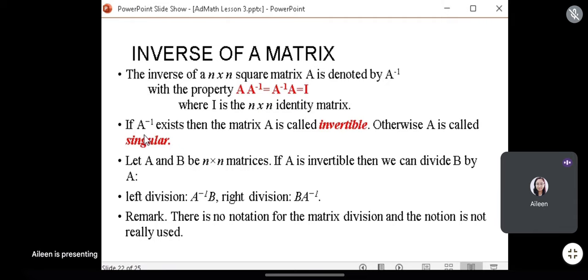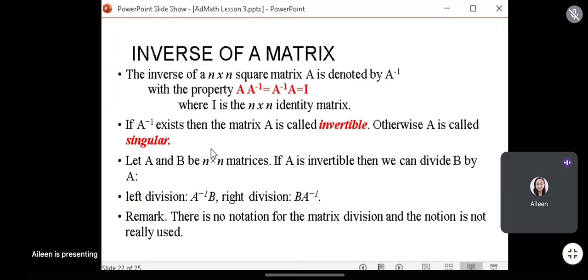Next, kapag siya ay square matrix, siya ay may inverse, so that is denoted by A to the negative 1. If you multiply the inverse by the matrix, the answer is the identity matrix. Now, yung ating inverse also will exist if the matrix is non-singular. Ano pag sinabing non-singular?